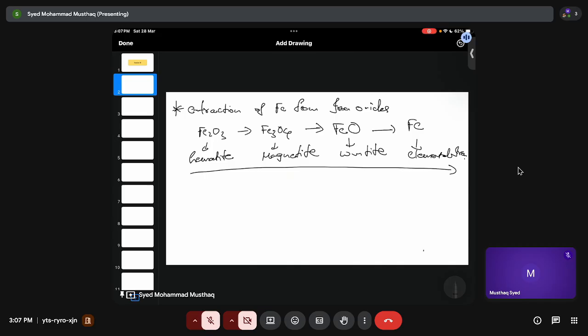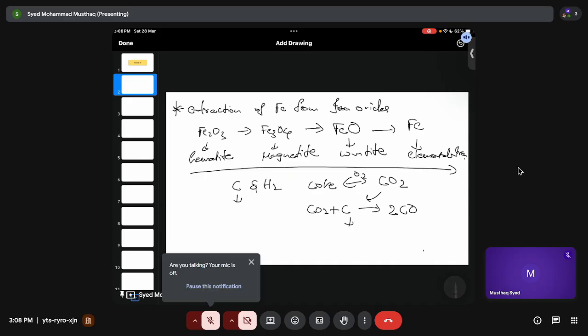We can reduce with any reducing agents such as carbon and hydrogen. Carbon can come from coke, and when you burn the coke via blast air, you oxidize it, which results in the formation of carbon dioxide or carbon monoxide depending upon the temperature. At high temperature it will give you carbon monoxide, and this is called the Boudouard reaction or gasification reaction, because the solid is being converted into a gas, right?